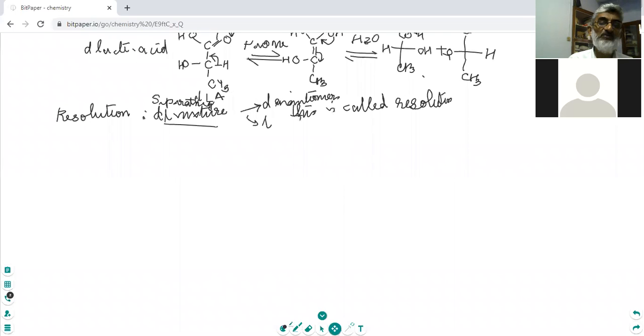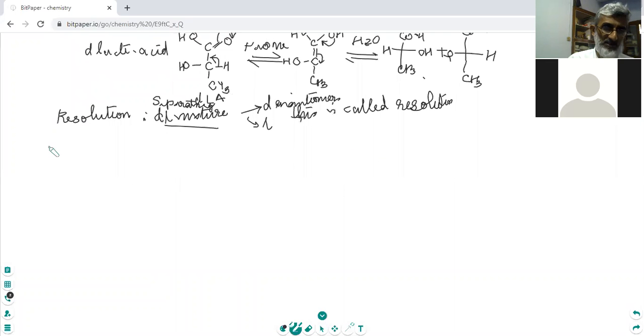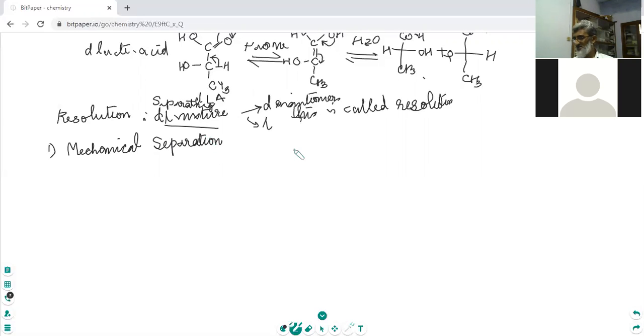Now there are different methods of resolution. We'll explain one by one. The first method of resolution is mechanical separation. The word mechanical separation means you are picking with your hand.